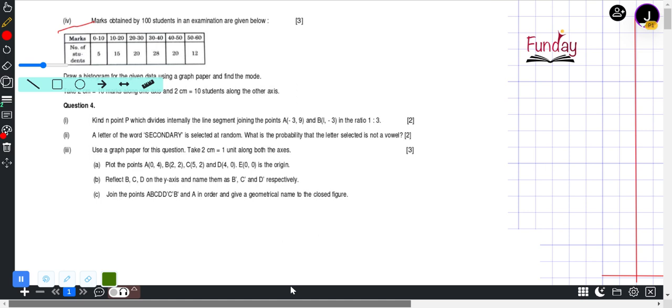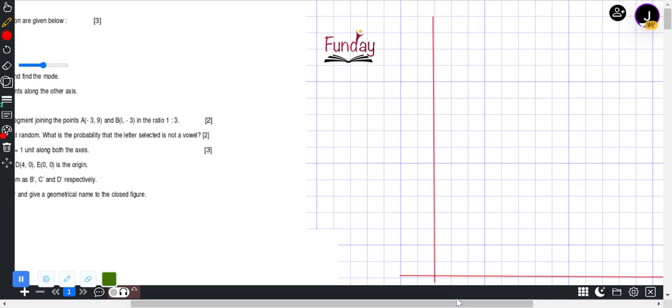What is the scale given? Scale given is 2 centimeters is 10 marks, and 2 centimeters is 10 students. So okay, we'll follow our own scale. So this is 5, this is 10, this is 15, this is 20, this is 25, this is 30.